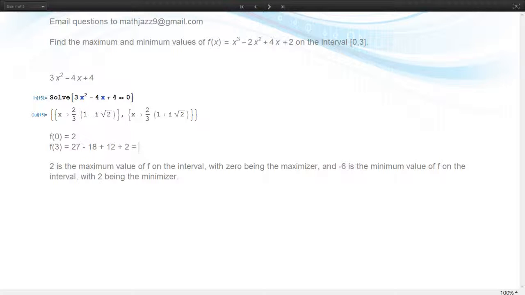Well, 27 minus 18 is 9, plus 12 is 21, plus 2 is 23. So for this problem, we have 2 is the minimum value of f on the interval, with 0 being the minimizer.